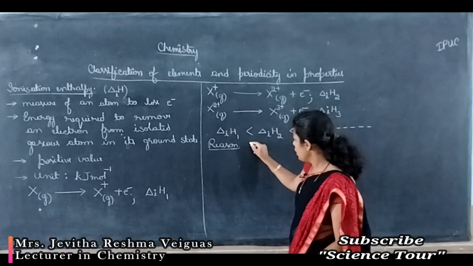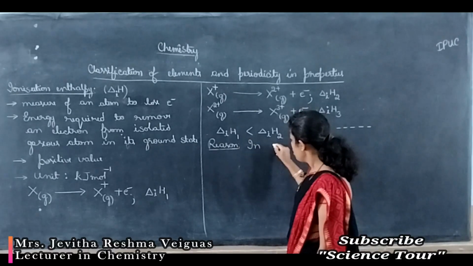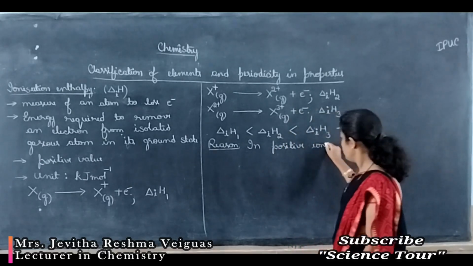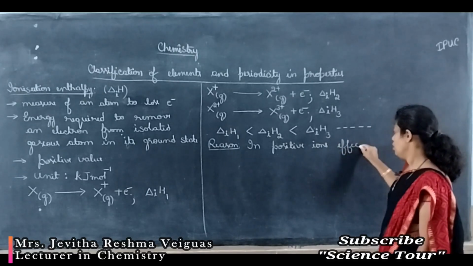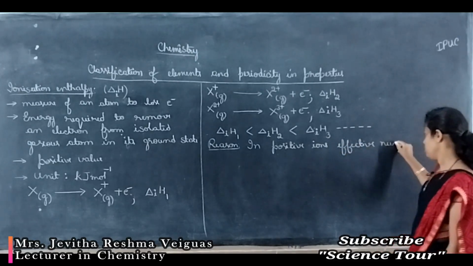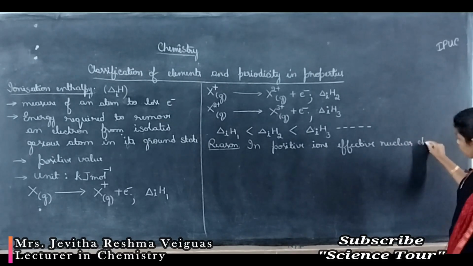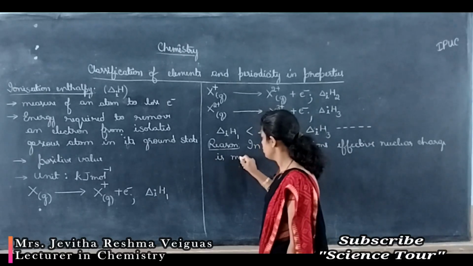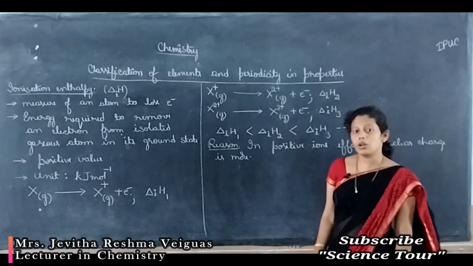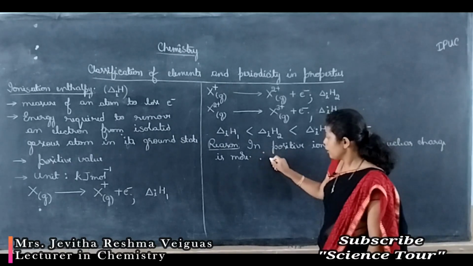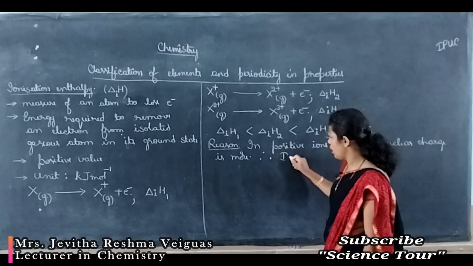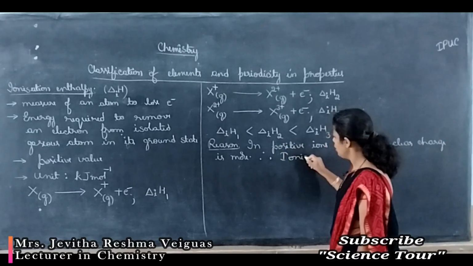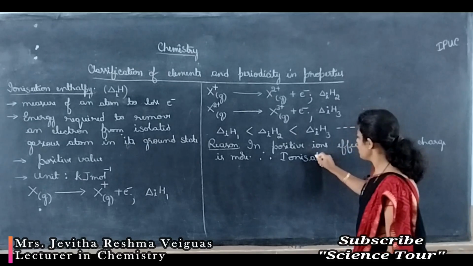So in positive ions, effective nuclear charge is more. Therefore, removal of electron becomes difficult. Therefore, ionization enthalpy value is high.